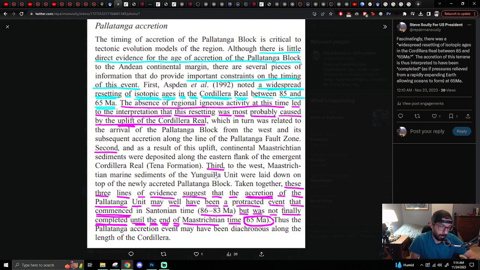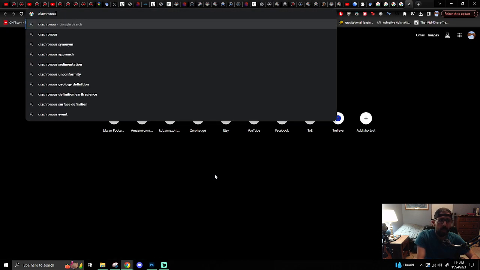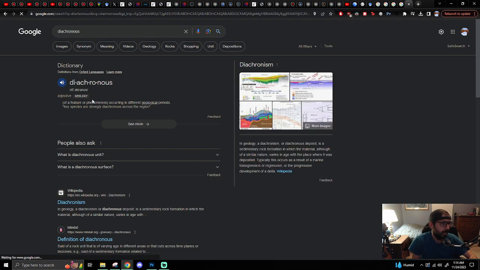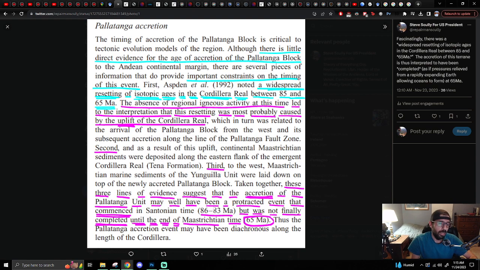Thus, the Palatanga accretion event may have been diachronous along the length of the Cordillera. Whatever that means. Diachronous: occurring in different geological periods. Okay. Across different times across the length. Different times across the length.